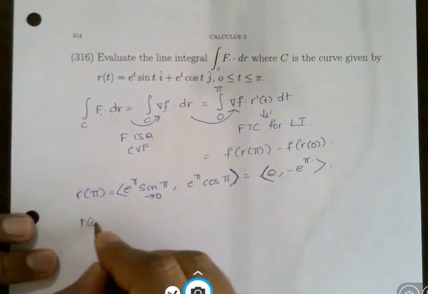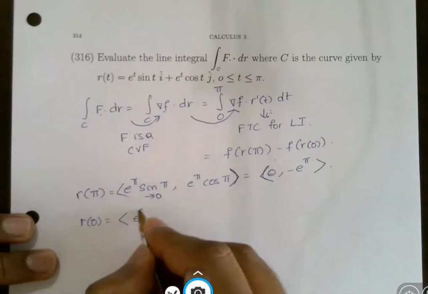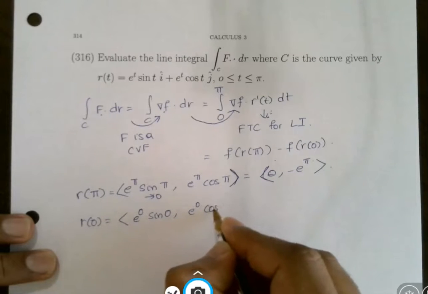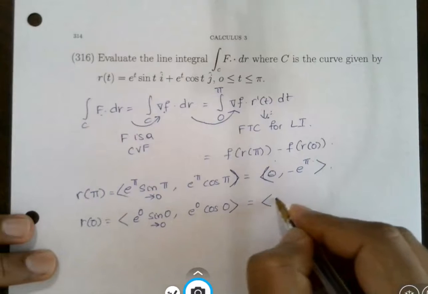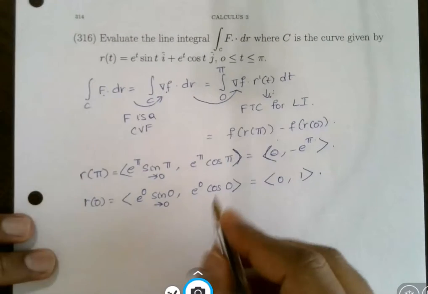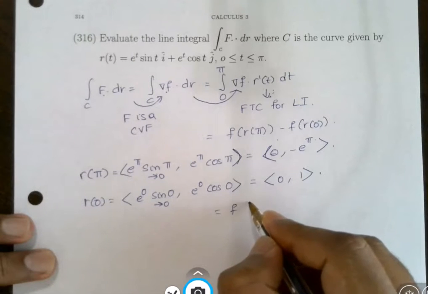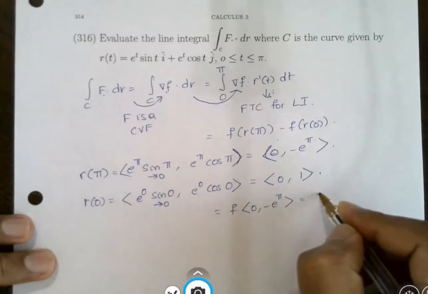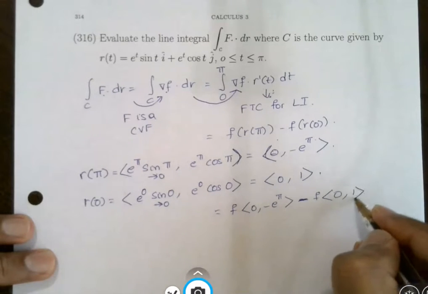Now what is r of 0? r of 0 is e to the 0 sine 0 and e to the 0 cosine 0, so sine 0 is again 0, so that's going to be 0 and 1. So by using the fundamental theorem of calculus, it's going to be f of (0, negative e to the pi) minus f of (0, 1).